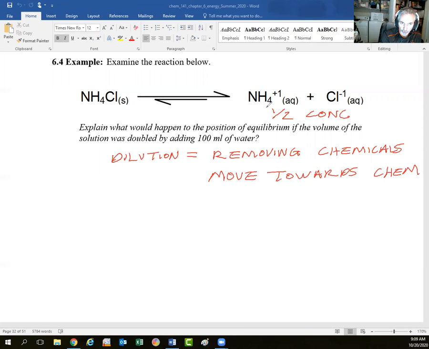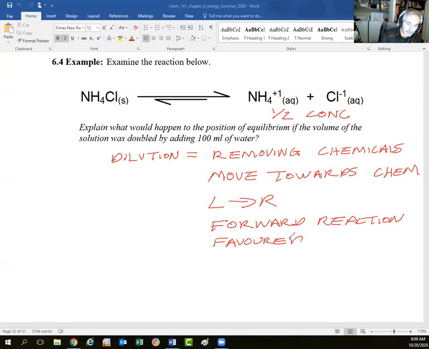So to move towards the ammonium ions and chloride ions, this is a move from left to right, favouring the forward reaction. Or we can say that equilibrium moves to the right.